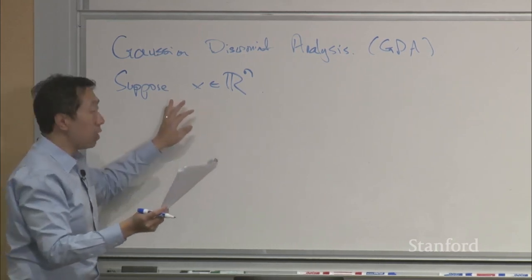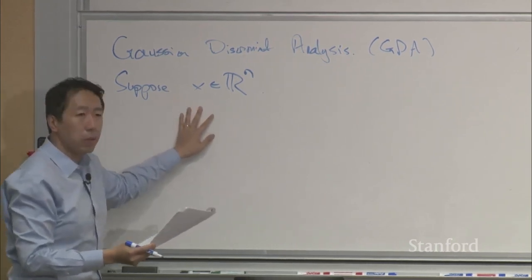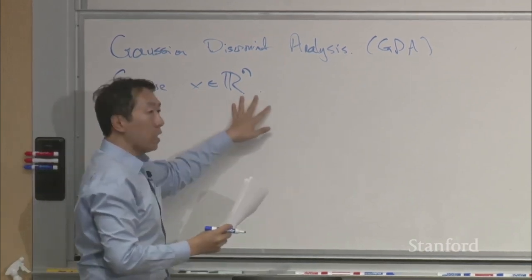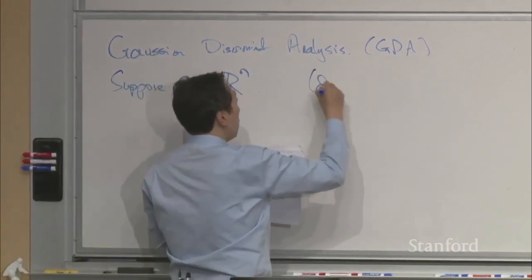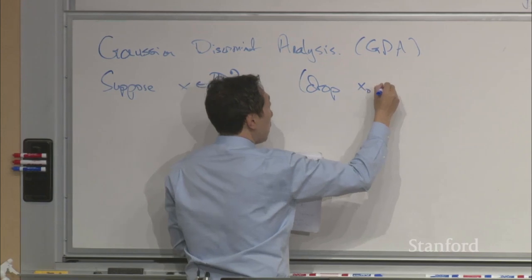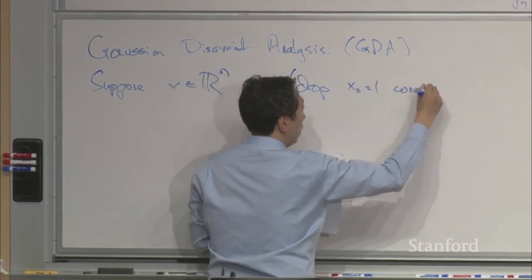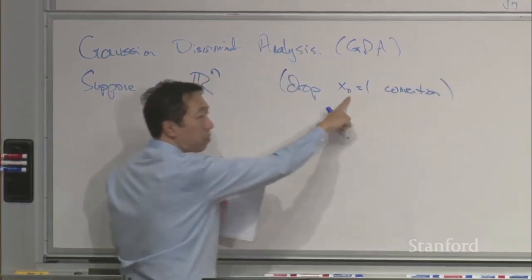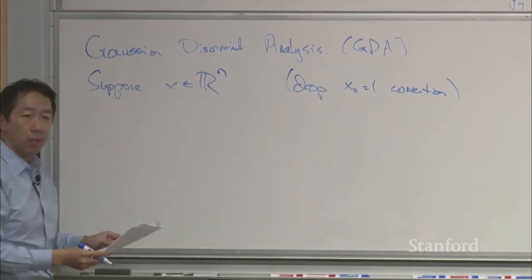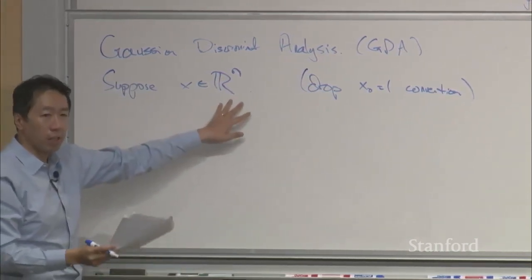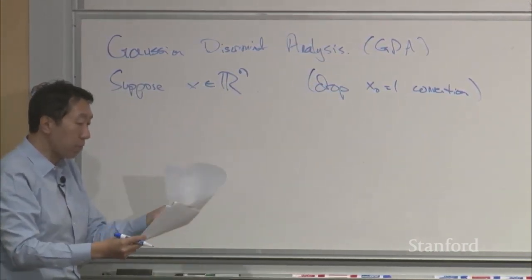And when we develop generative learning algorithms, I'm going to use x in Rn. So I'm going to drop the x0 equals 1 convention. We're not going to need that extra x equals 1. So x is now Rn rather than Rn plus 1.